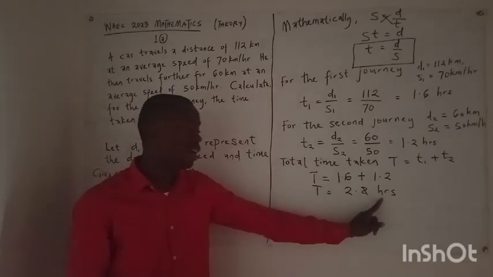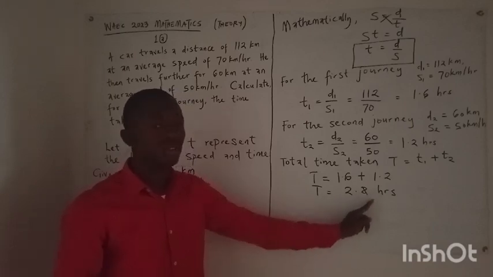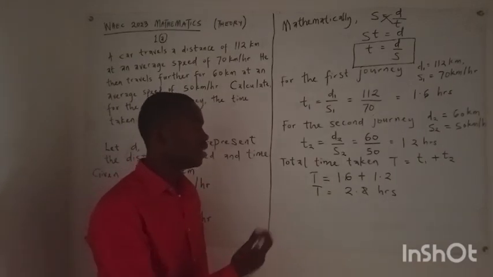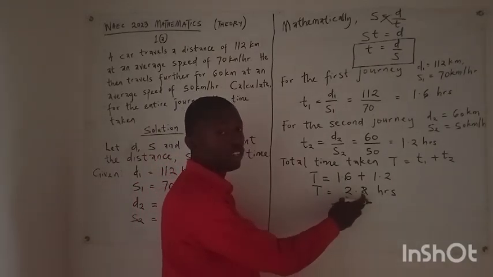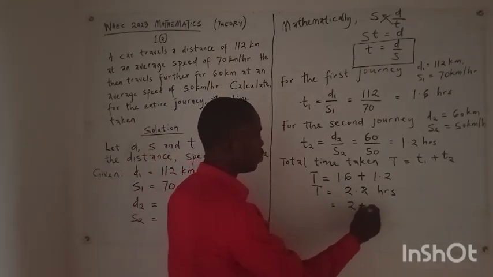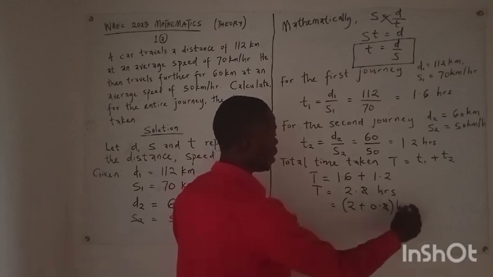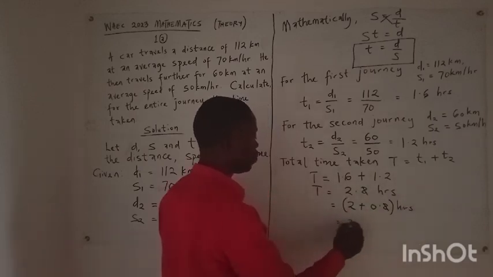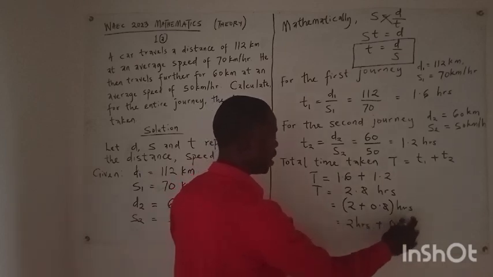Or we can go further by converting this 0.8 hours to minutes. We can express this in terms of hours and minutes. So 2.8 is 2 plus 0.8. So this will give us 2 hours plus 0.8 hours.